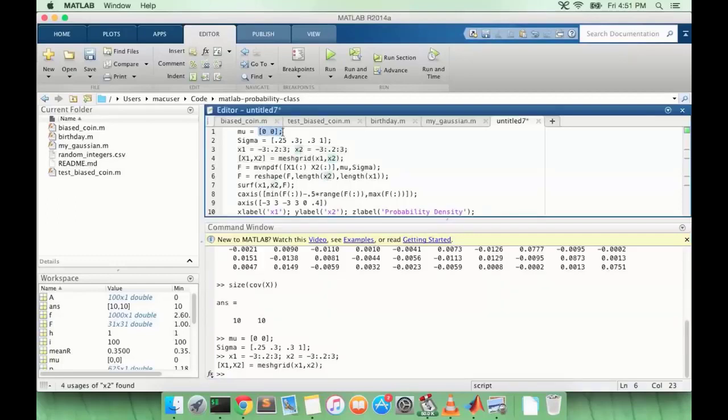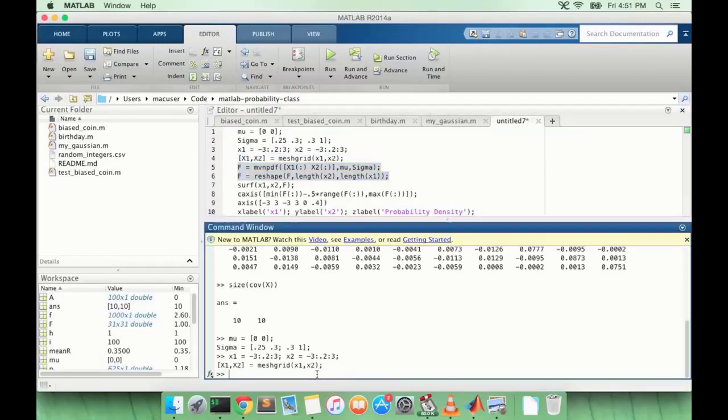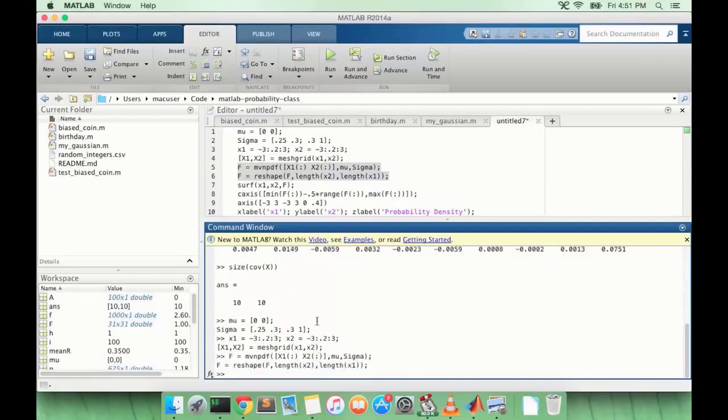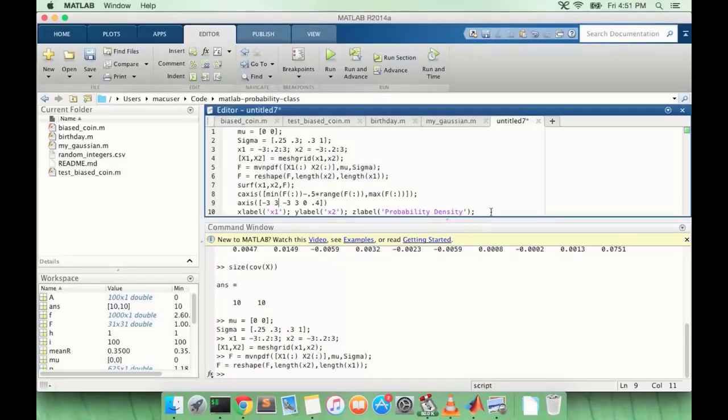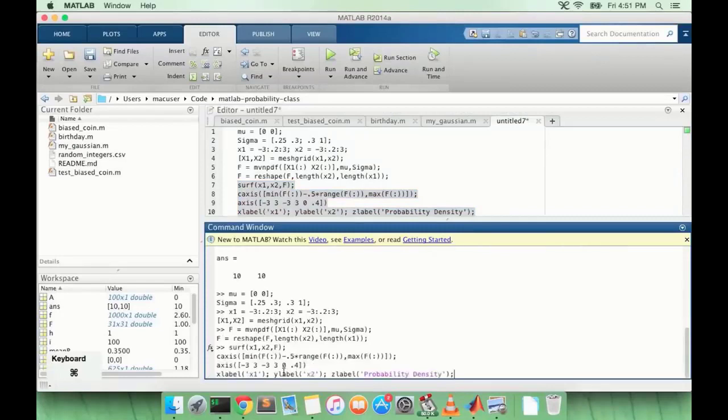Note that the dimensionality of x is 2. So mu is 2-dimensional and sigma is 2 by 2. So here we calculate the PDF value using MVN PDF. And we're going to do a surface plot of f versus x1 and x2.